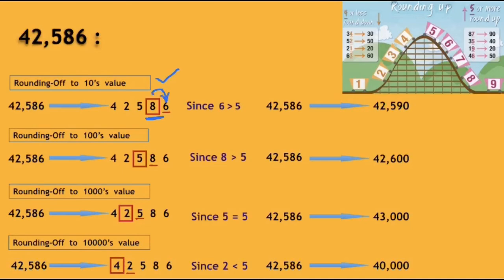Check the immediate right side number. Compare that number with 5. Since the right side number is 6, it is greater than 5. The rounded off place will be increased by 1. That means 8 becomes 9, and the right side number will be replaced by 0. So the 86 number will be rounded to 90, and the left side numbers will remain the same.